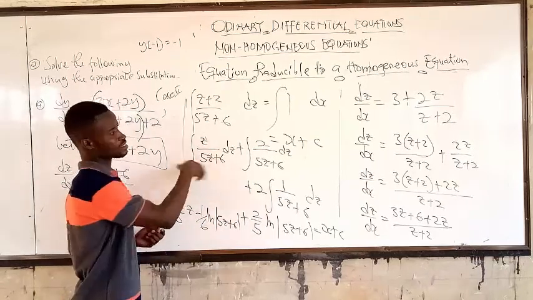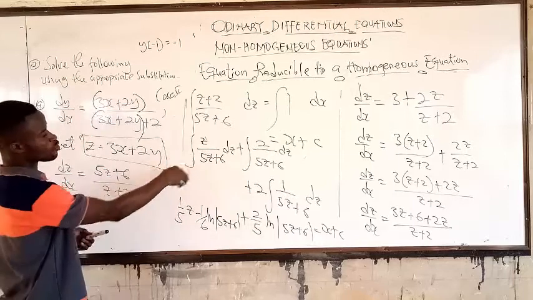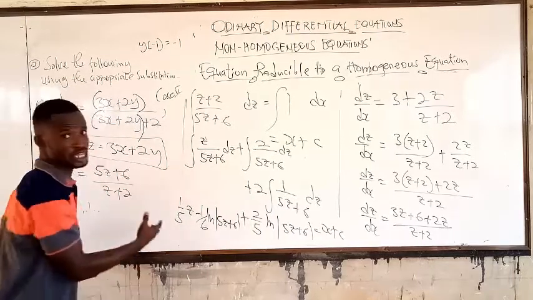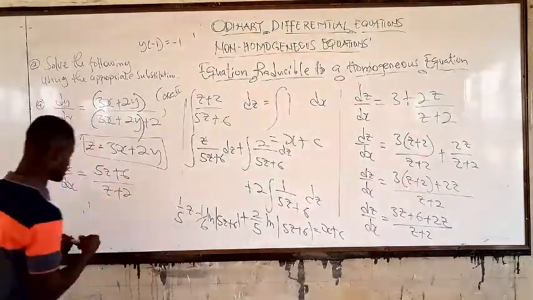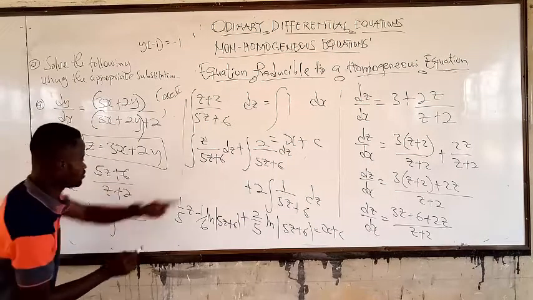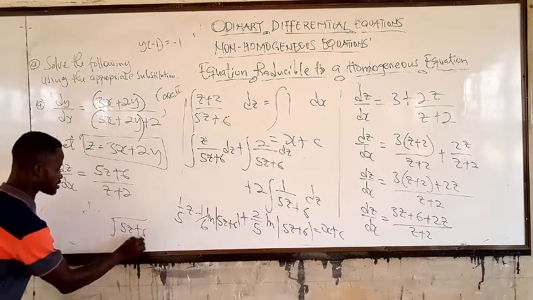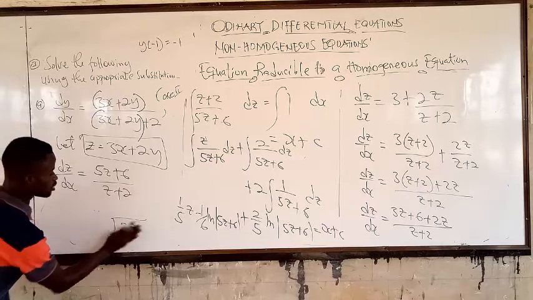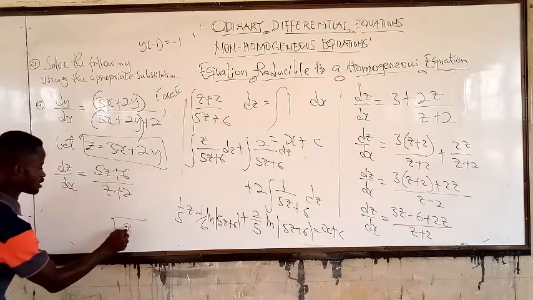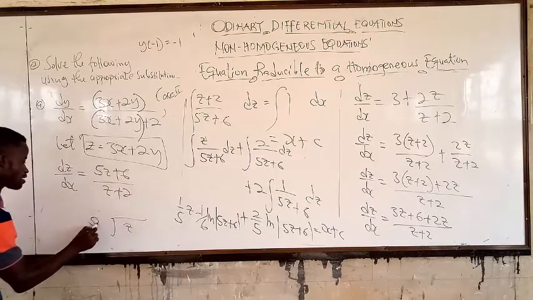Go and solve it as that, because if it is improper, I don't want to be doing that for you. If it's improper, then we know that here this is our dividend, z. The divisor is 5z + 6.